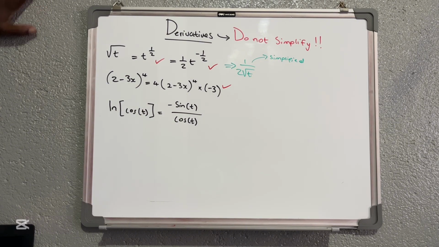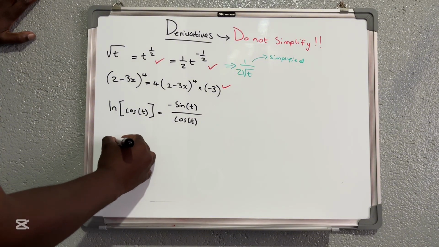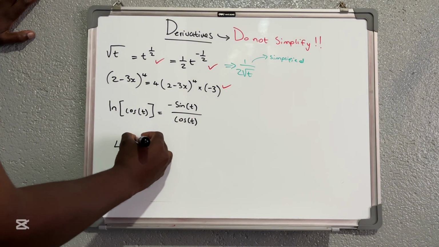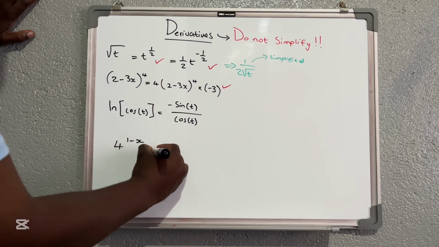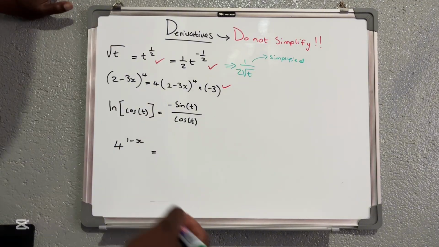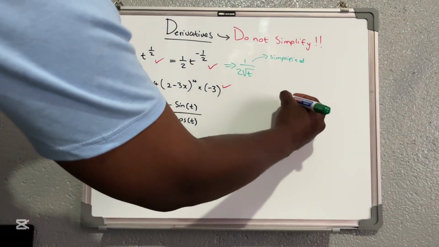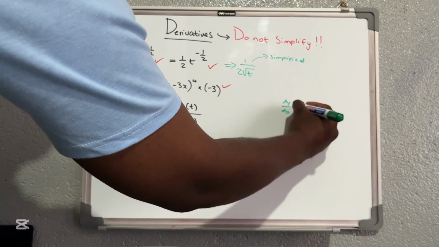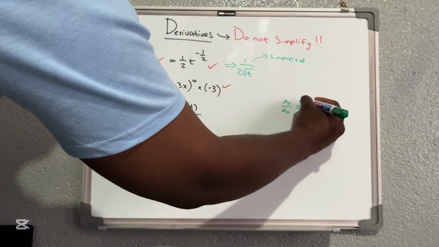Let's say we are given 4 to the exponent 1 minus x. You ask yourself, which rule is there for me when I have something like a to the exponent f of x? We do have a differentiation rule for dy over dx of a to the exponent f of x.